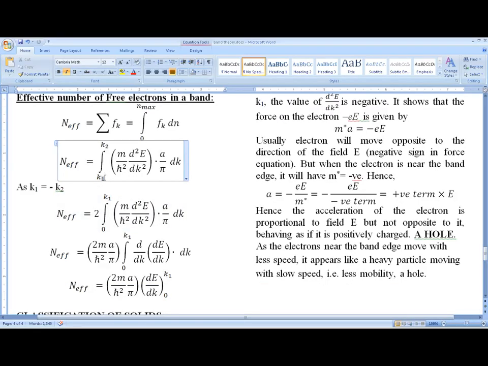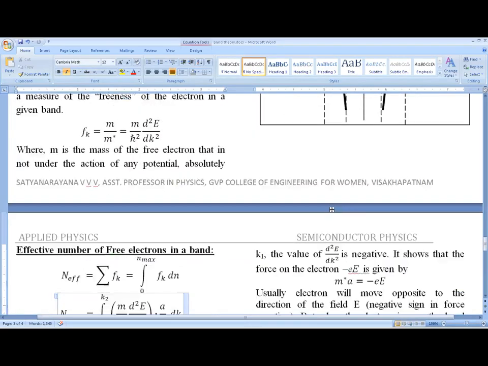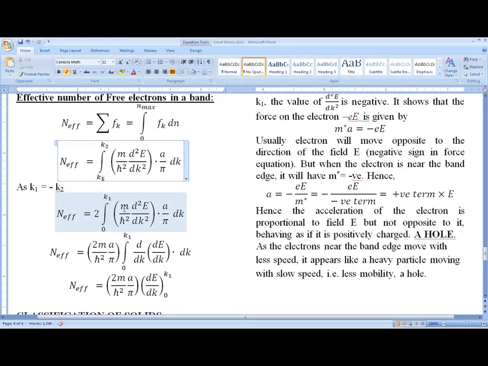So instead of integrating from here to here, we can double the integration and make the integration from 0 to k, because this half is going to give some number, this half is going to give another number. The sum will be this plus this, or instead you can integrate from 0 to this k1 and double that value, because this part and this part are symmetric. So we are doing that. So 0 to k1, m by h cross square, and the rest of the things are very clear.